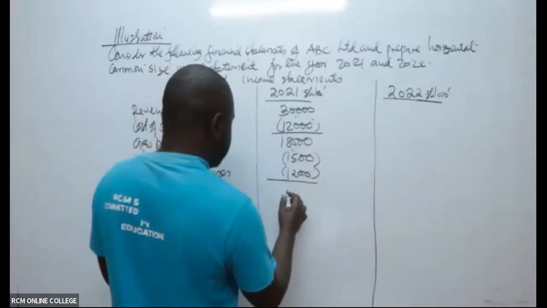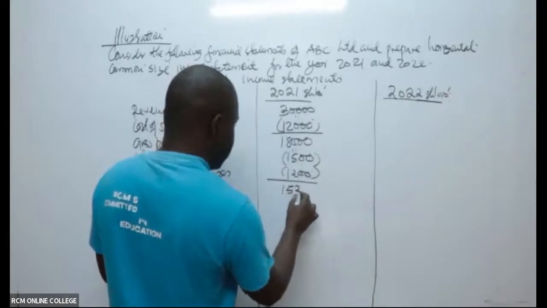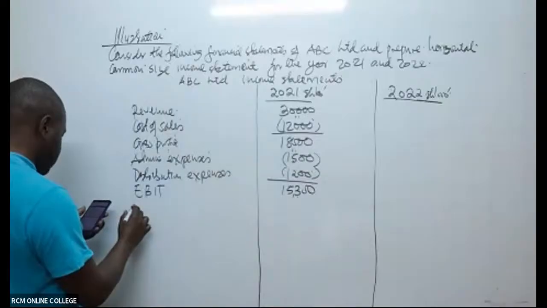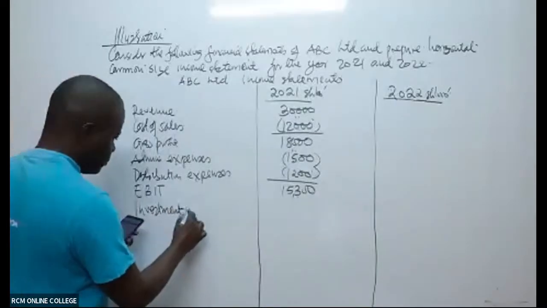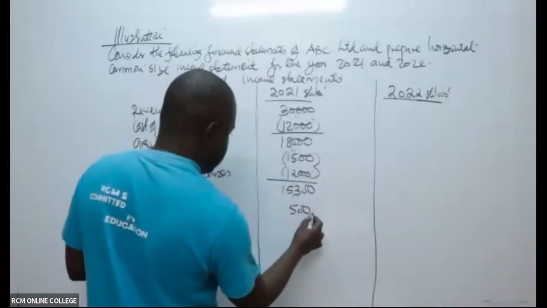I think it's 15,300. Then there's a finance cost or investment income of 500.